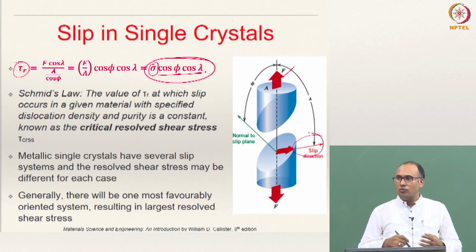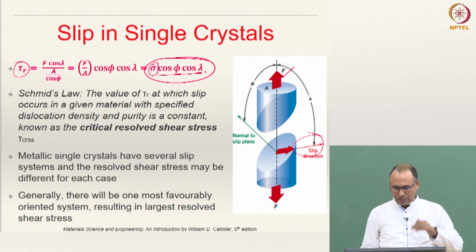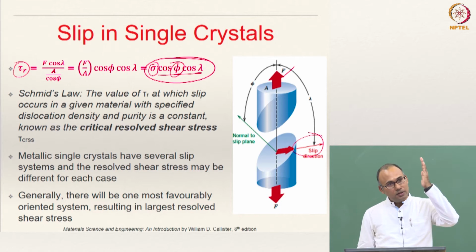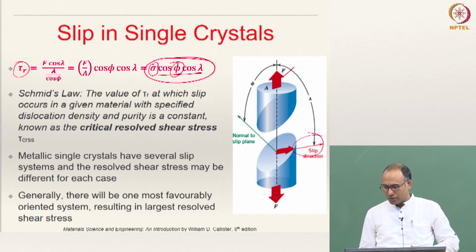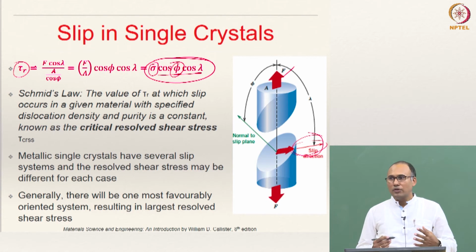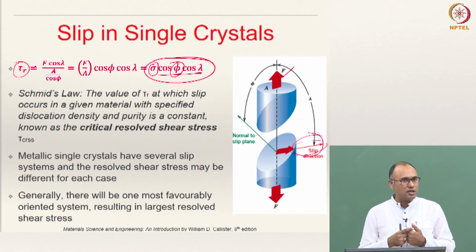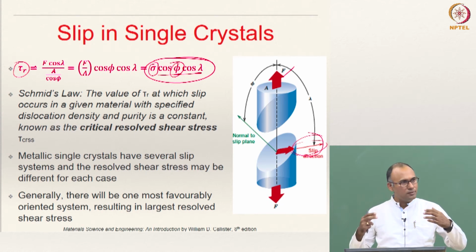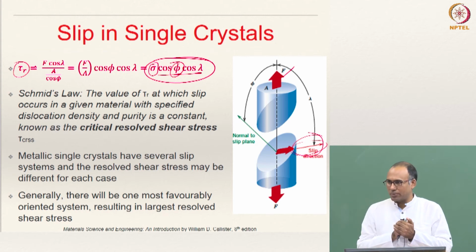For different orientations of the slip plane, described by phi, you are going to get different resolved shear stresses, and again for a given phi, different slip directions will give you different resolved shear stress. If you want to cause slip, all that we require is for the resolved shear stress to be equal to the material property called critical resolved shear stress. When these two become equal, that is when you initiate slip.